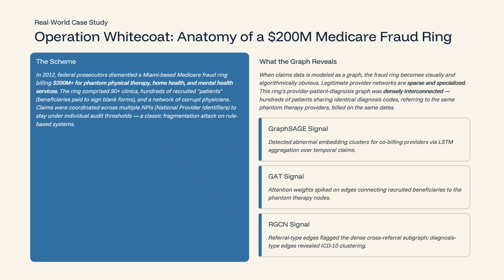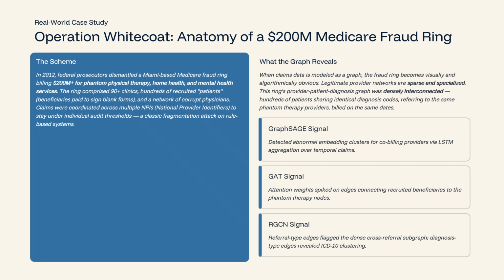GraphSAGE detected abnormal embedding clusters among co-billing providers. The LSTM aggregator picked up temporal synchrony of claims filed simultaneously across clinics. The GAT attention weights spiked specifically on edges connecting recruited beneficiaries to phantom therapy nodes, the most anomalous connections in the neighborhood.